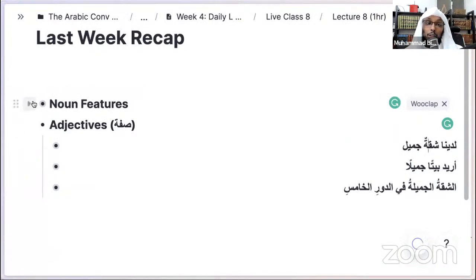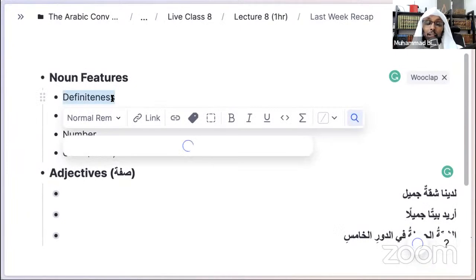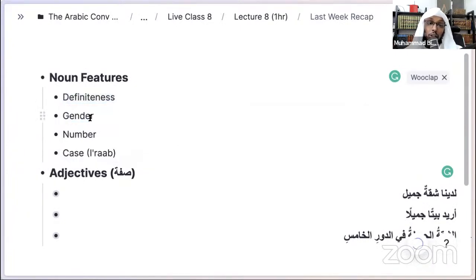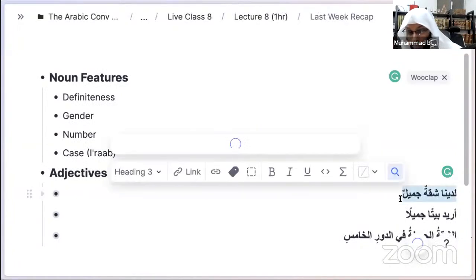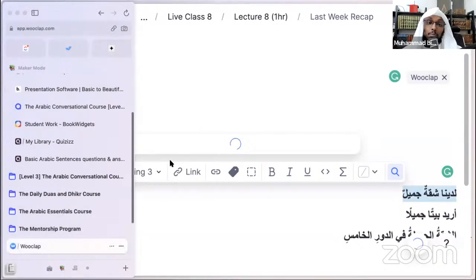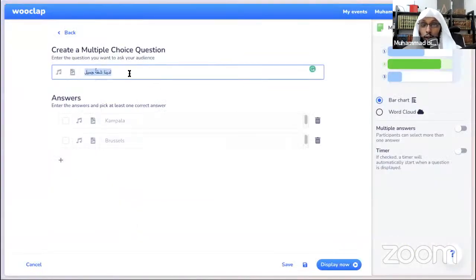So I want you to click or pick any of these attributes or features if the two agree. Wherever they don't agree, then do not add anything. I'm going to post that on WooClap. I want you to look at all four. This might be a bit difficult to start off with, but don't worry, you'll get used to it, inshallah.